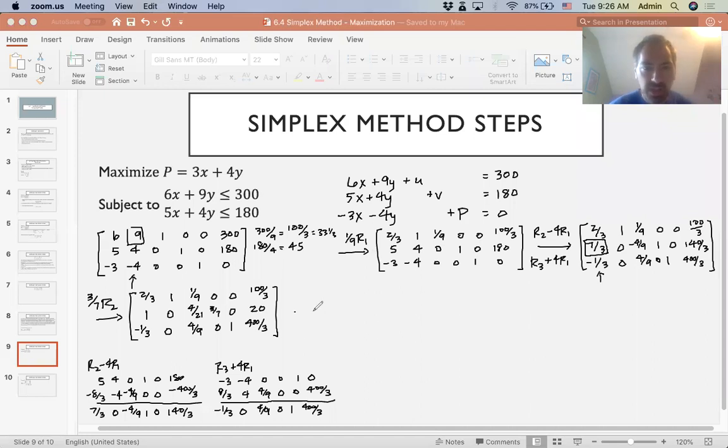Okay, so now that we have a 1, we want everything else in the first column to be zeros. So we can make that 2/3 become a 0 by subtracting 2/3 times row 2 from row 1, and adding 1/3 times row 2 to row 3.